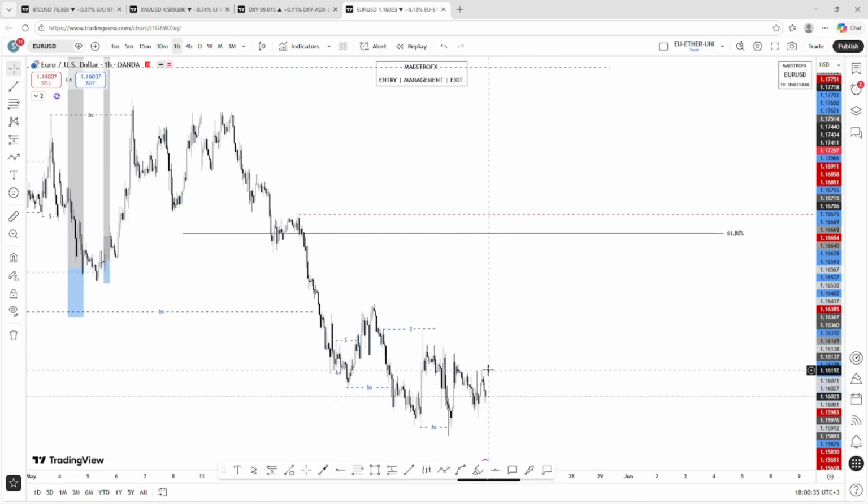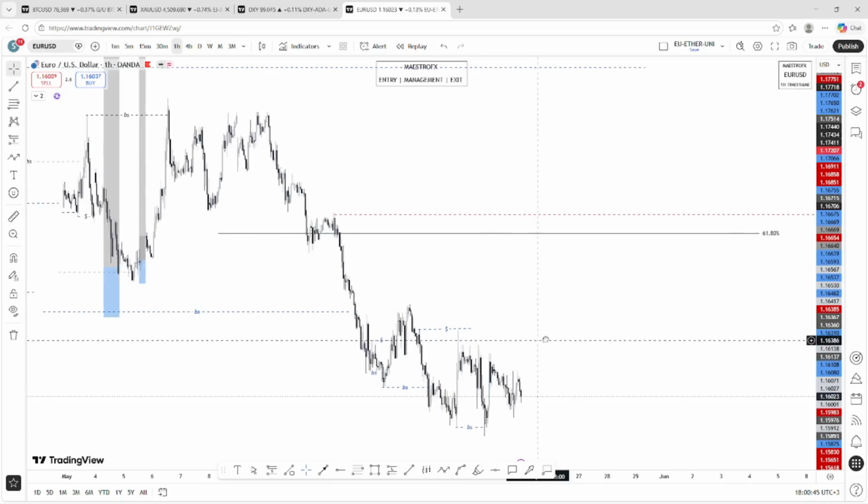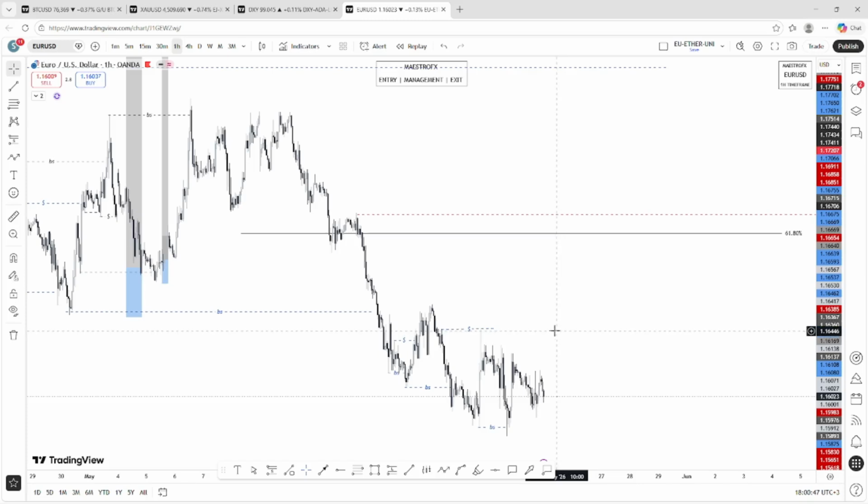I don't want us to fixate our analysis specifically on lower time frame analysis in minutes when we are just starting out the week. As you know, the geopolitical situation around the Iran war, yes, and the geopolitical tensions are affecting these currencies.